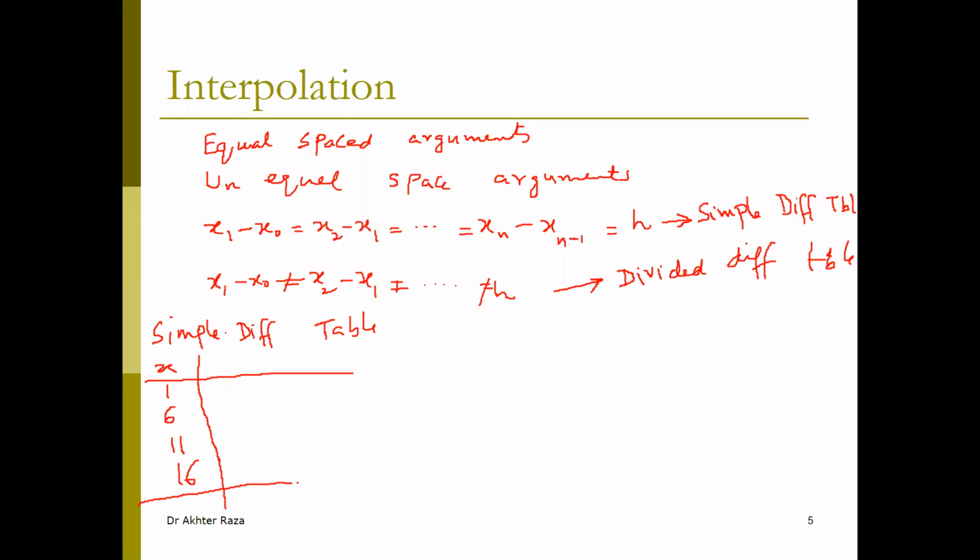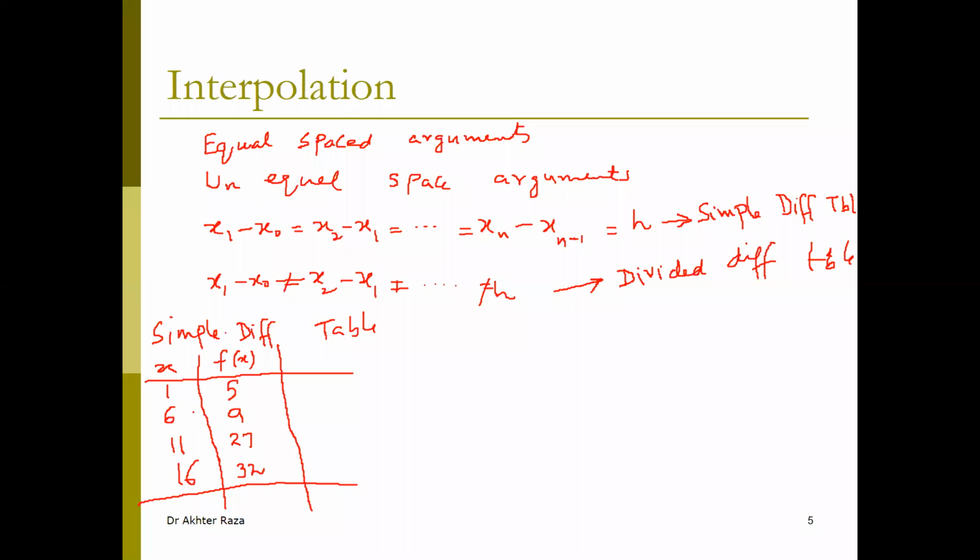These are the different values of y or f(x). Suppose it is 5, 9, 27, and 32. Suppose these are the arguments and these are the entries which are given to us.